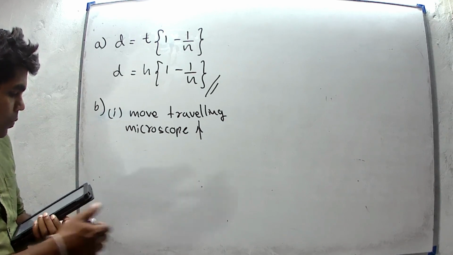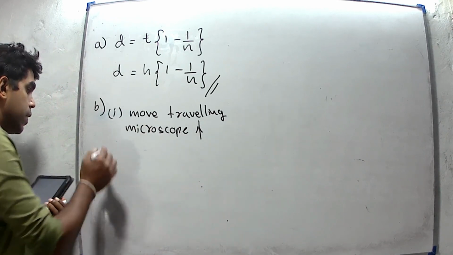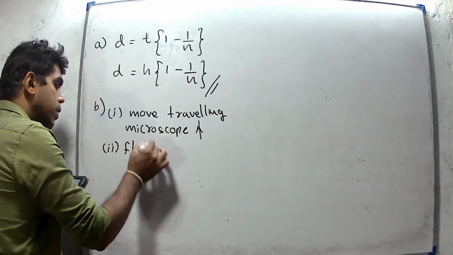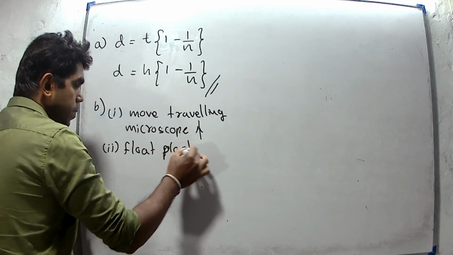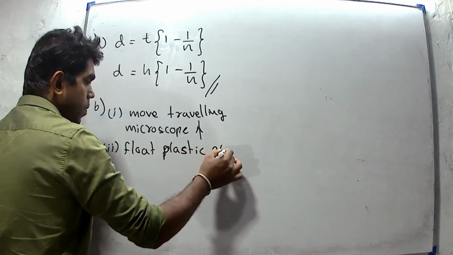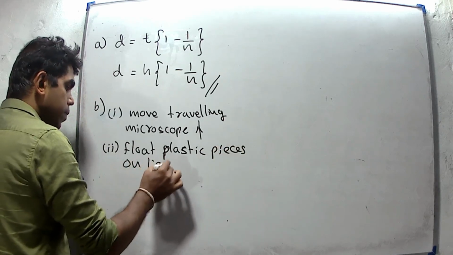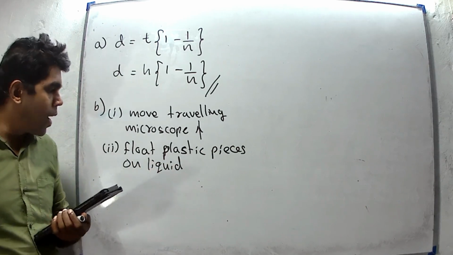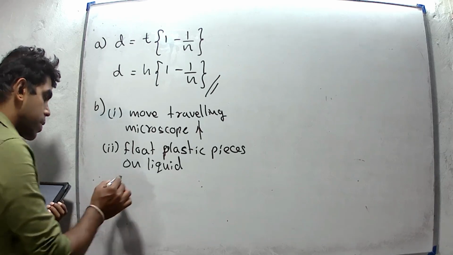We have to float plastic pieces on the given liquid. First step is to float plastic pieces on the liquid, and we have to focus the travelling microscope on the plastic pieces.